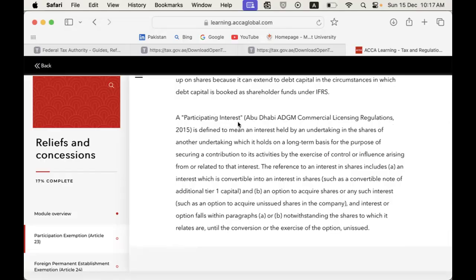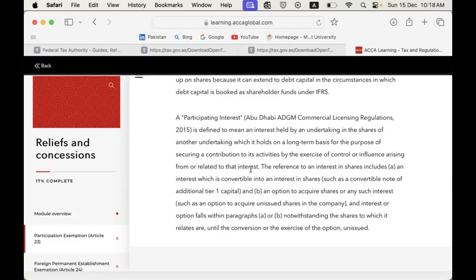So a participating interest, under the Abu Dhabi ADGM Commercial Licenses Regulation 2015, which is a reference to the commercial law of 2015 in ADGM, is defined to mean an interest held by an undertaking in the shares of another undertaking, which it holds on a long-term basis for the purpose of securing a contribution to its activities by the exercise of control or influence arising from or related to that interest.